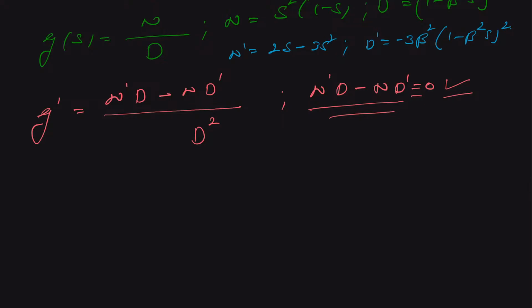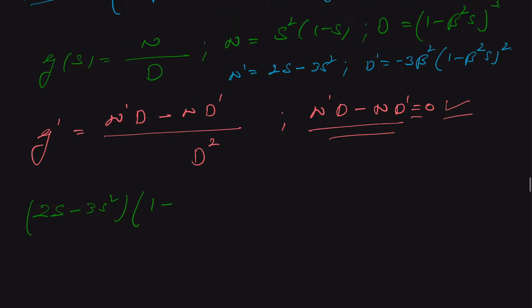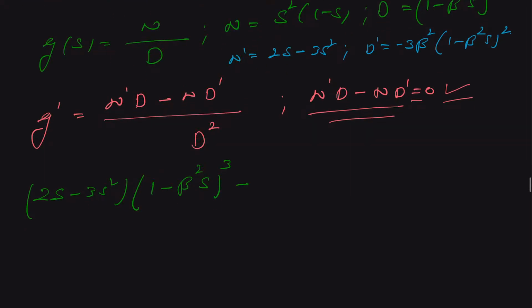So we get (2s minus 3s squared) times (1 minus beta squared s) cubed, minus n as it is, s squared (1 minus s), and d prime is minus 3 beta squared (1 minus beta squared s) whole squared. So, straightforward, I'm going to write the final value of s.